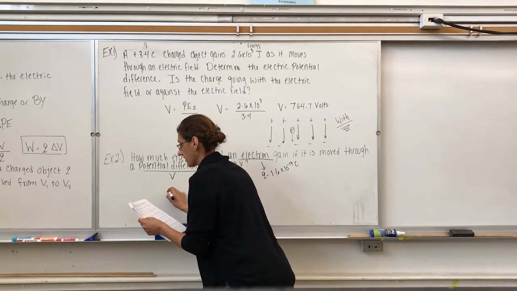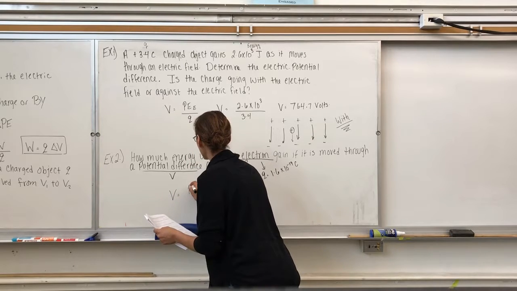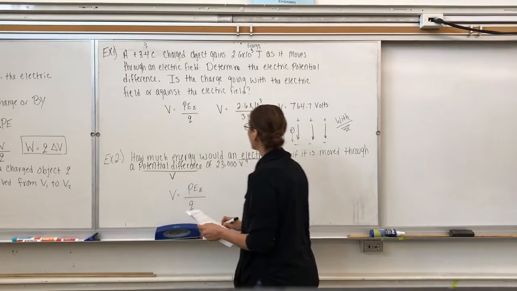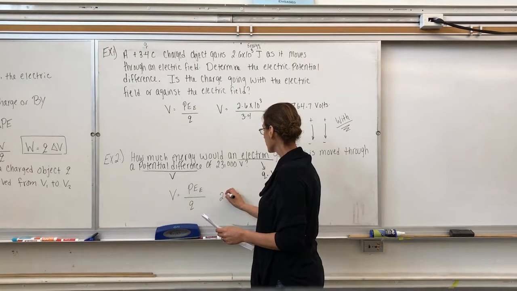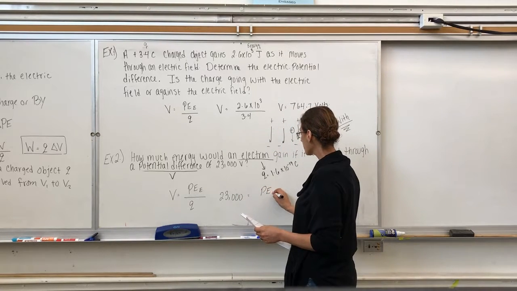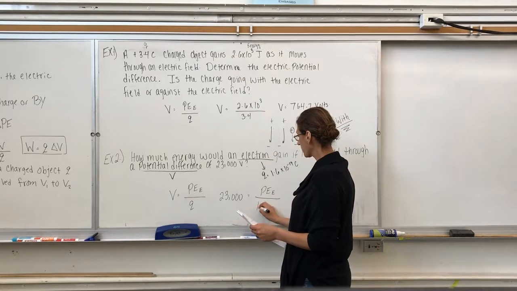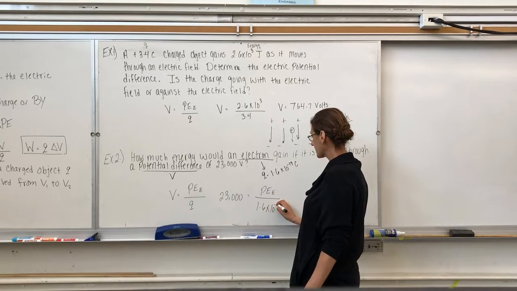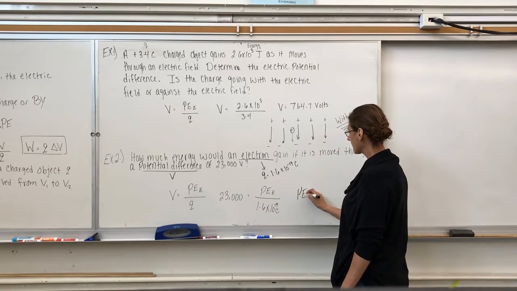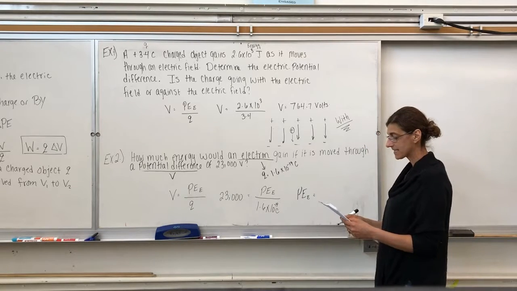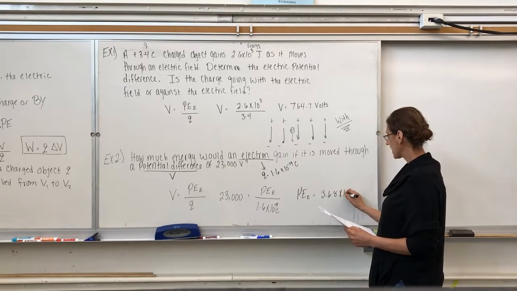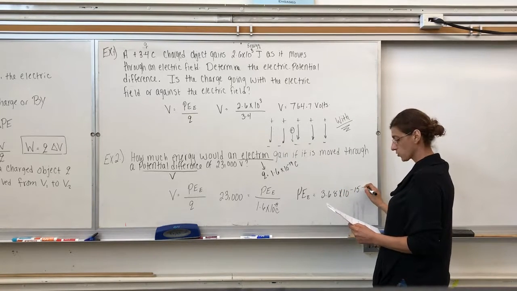So V equals PE, potential energy, over Q. And in this case, I have the V, 23,000, equals, the potential energy is what I'm looking for, and my charge is 1.6 times 10 to the negative 19th coulombs. Okay? So just cross multiply here, pause the video, get an answer, and then check back to see if you did the right math. And you should get 3.68 times 10 to the negative 15 joules.